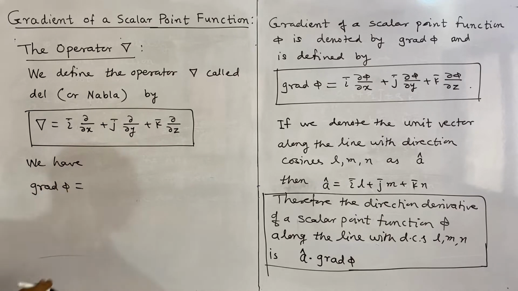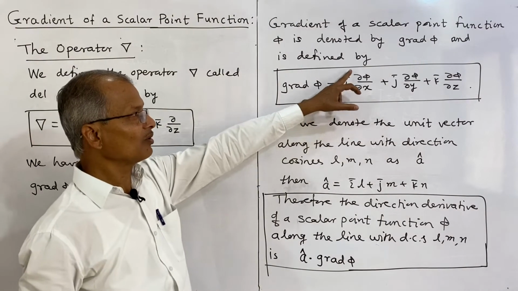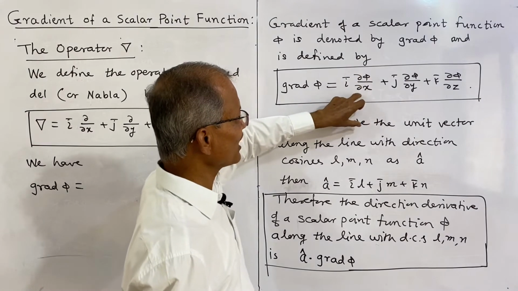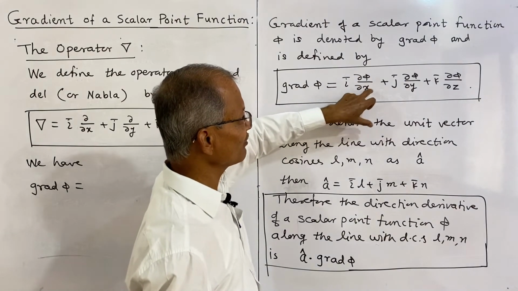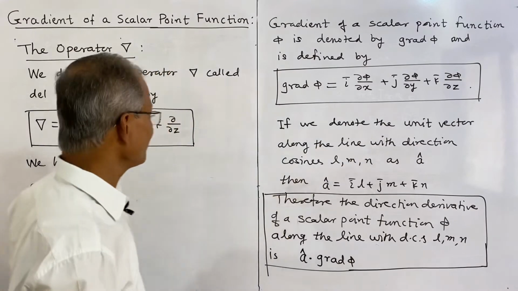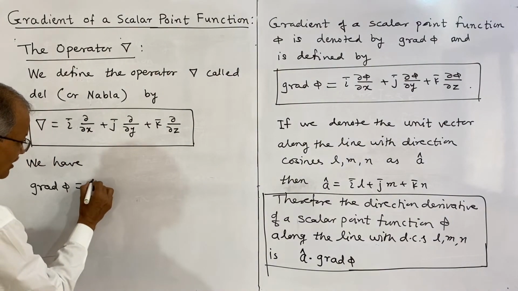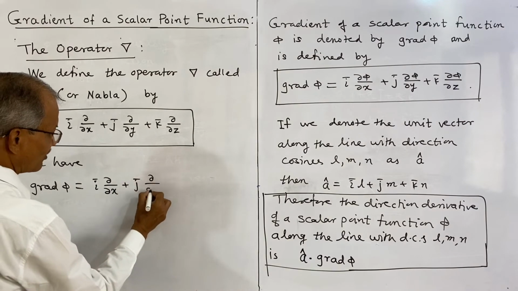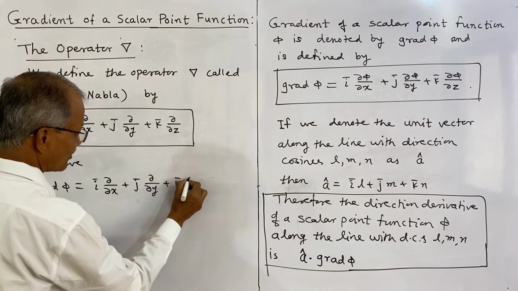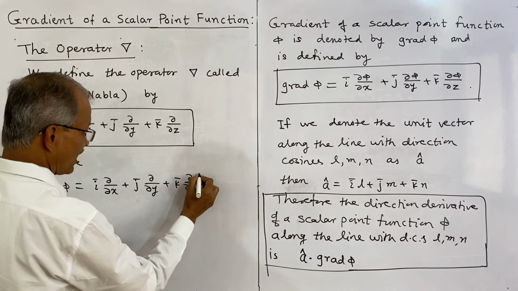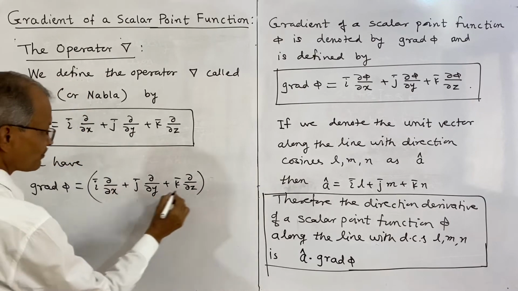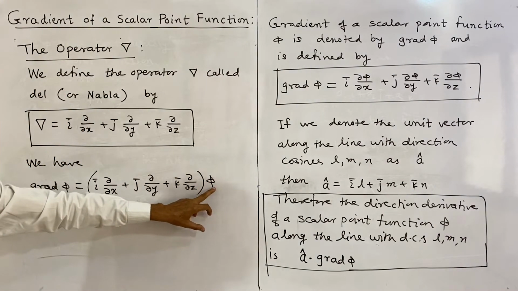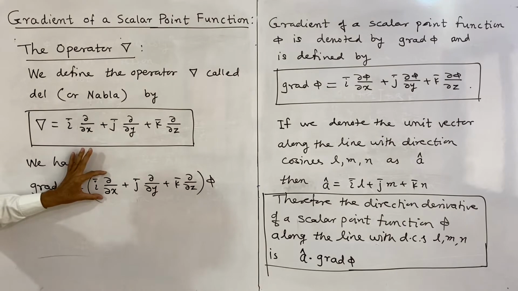Gradient phi, now see, this is defined as i dou phi by dou x, etc. Now here these are partial derivatives of phi with respect to x, y, z, and it can be written as i dou by dou x plus j dou by dou y plus k dou by dou z, and these are operated on phi. There is no symbol in this, but we have to write phi.